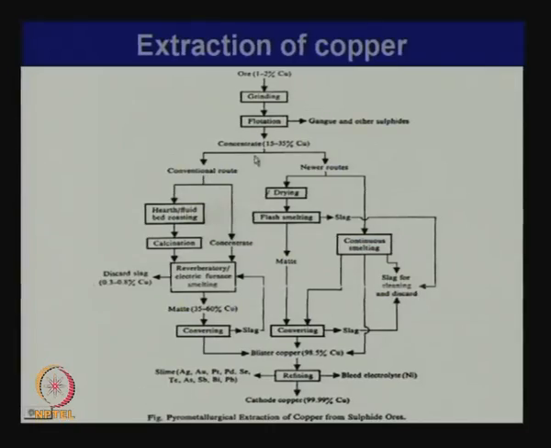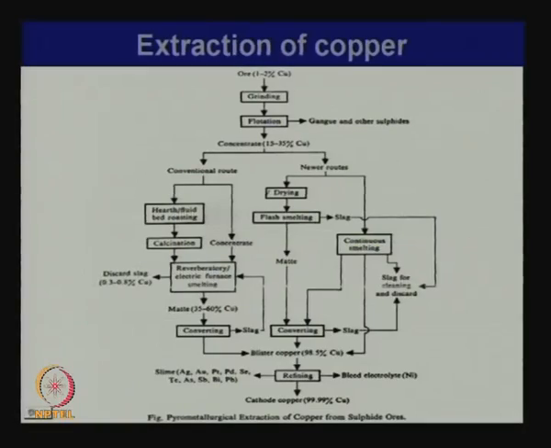So, starting with an ore which may contain only 1 to 2% copper, one can, after grinding and flotation, produce a concentrate which will have 13 to 35% copper depending on circumstances. And the gangue and the other sulphides which have not been floated will be taken out. There is a way of doing differential flotation also, where you float one sulphide, not the other sulphide, then in another step float the other sulphide.